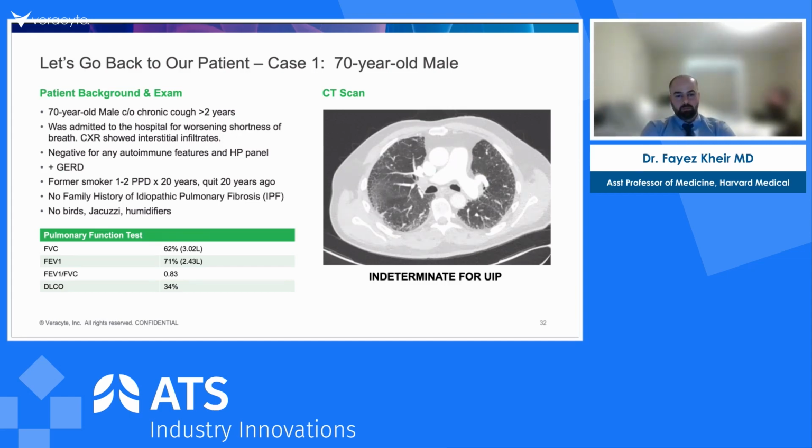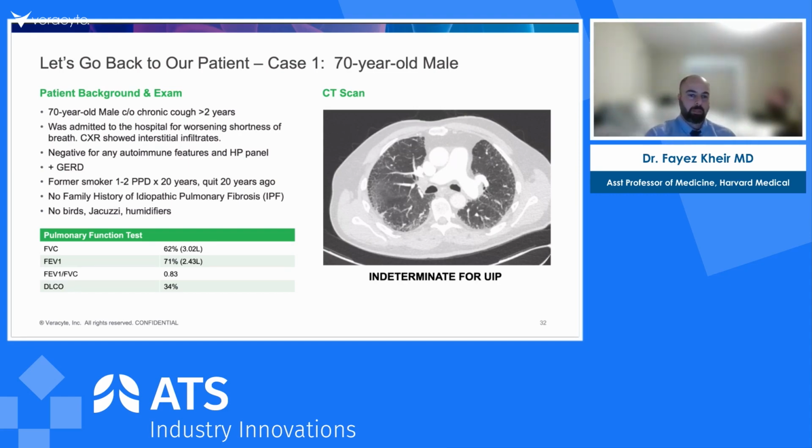And I'd love to hear what Dr. Kheir thinks about that. You really don't necessarily need to go in that direction. The transbronchial biopsy is a slightly less risky procedure, and what we're really looking for is the genomic signature of UIP. And so that's the information we wanted.